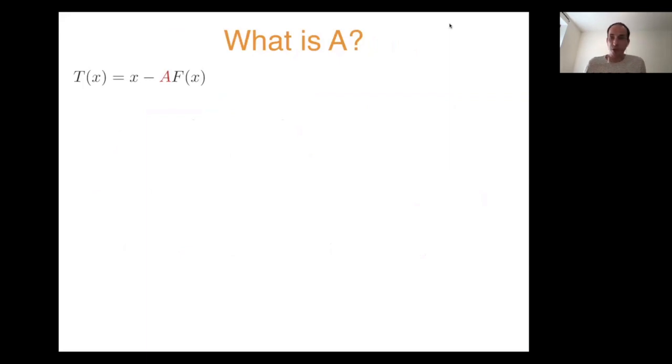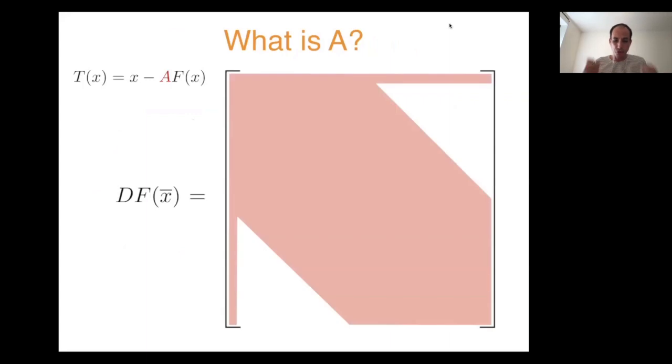Okay, so what is this A? So of course I had a big problem with an ODE and a PDE and lots of other extra equations, but let me try to explain a little bit more abstractly what A is for these Fourier problems. And to do that, since A is an approximate inverse of the Jacobian, let me first tell you the shape of the Jacobian, basically.